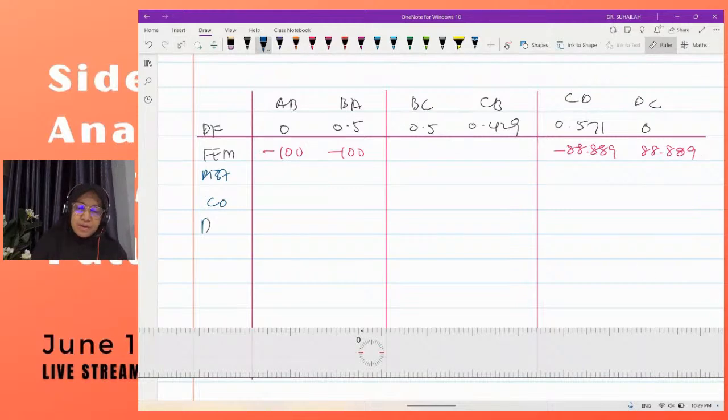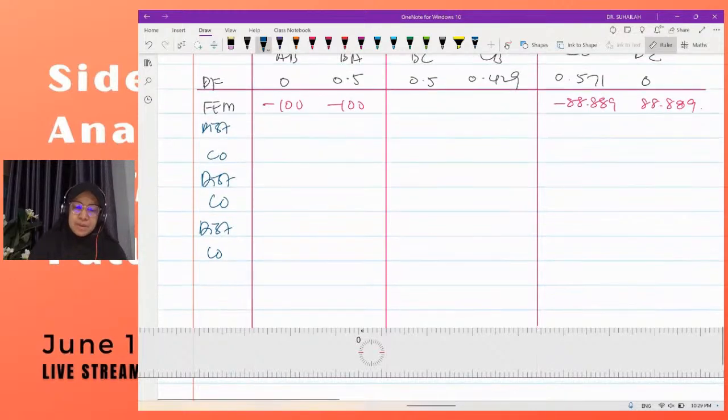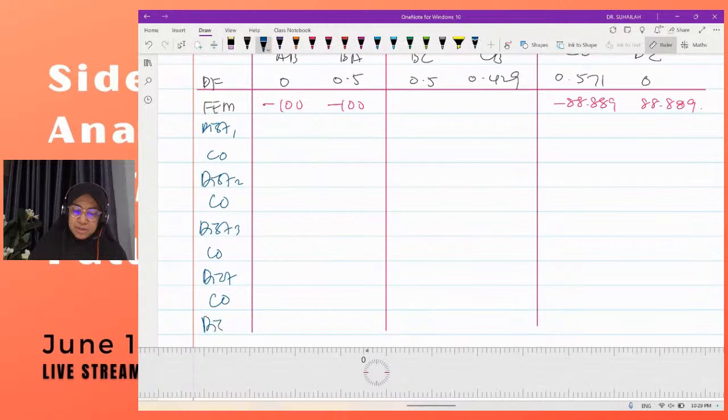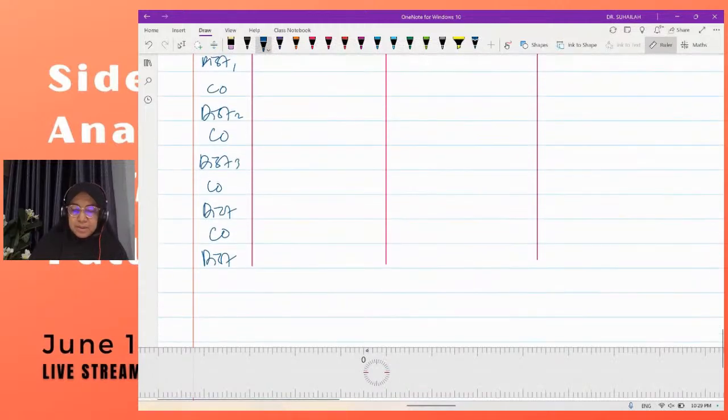Distribution, carry over, distribution, carry over, distribution, carry over. Stop at distribution and then find the total. This is M prime.